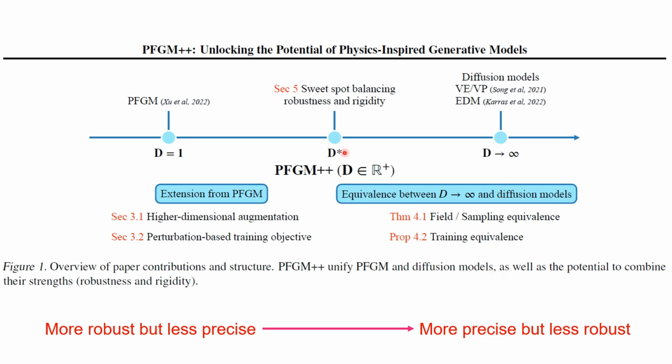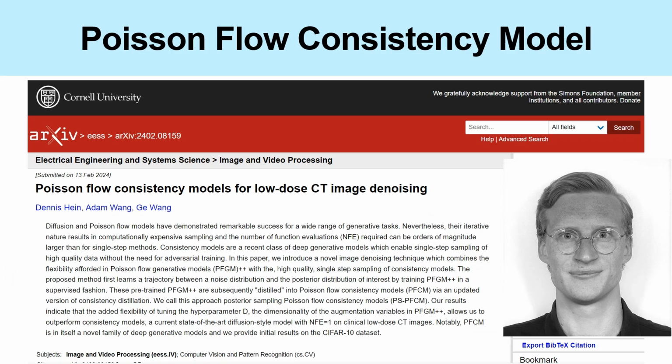A piece of work we recently performed is the combination of the diffusion model-oriented consistency model and the Poisson flow generative model plus plus. On one hand, PFGM++ gives you the best quality. On the other hand, the consistency model gives you the highest sampling speed.